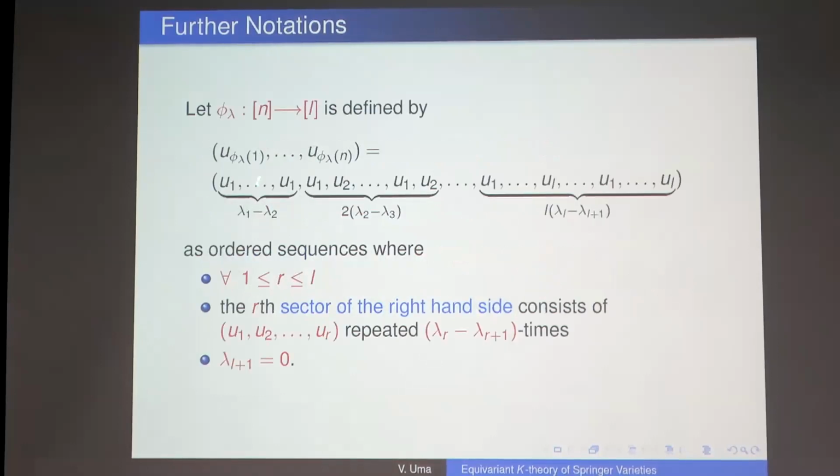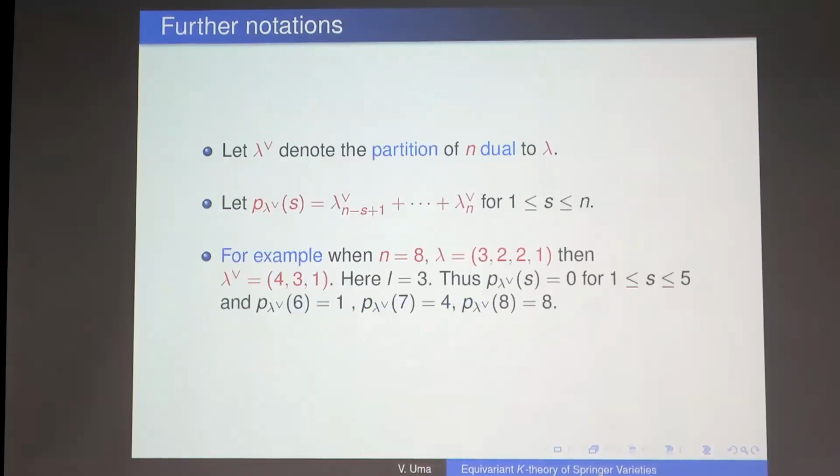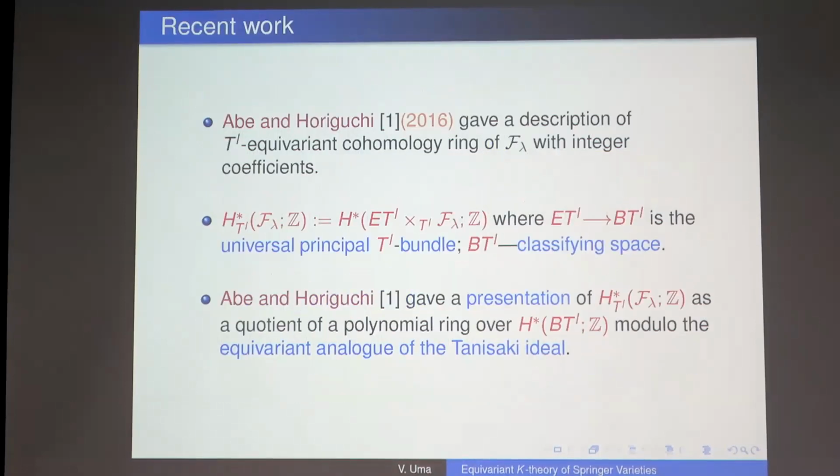And another combinatorial notation we need to fix. We are giving a map from 1 to n to 1 to l in this manner, so we will define a tuple. Before this, u_1 up to u_n: this is a polynomial ring.